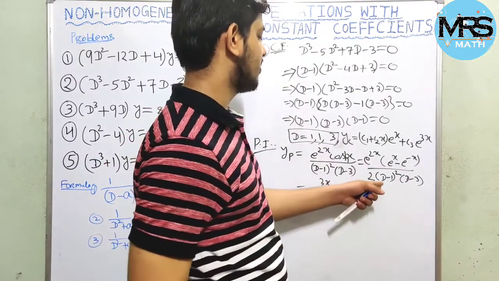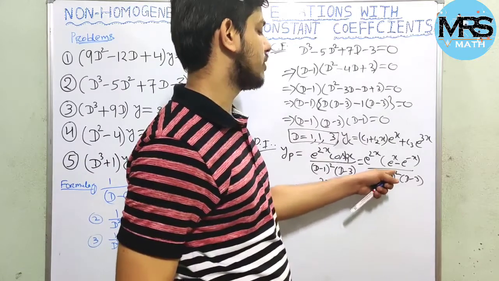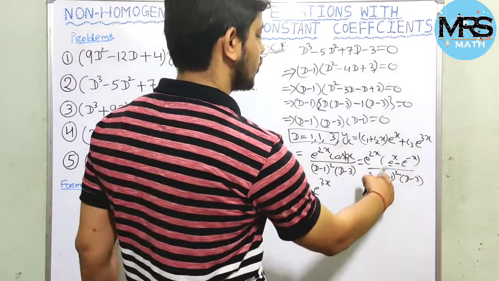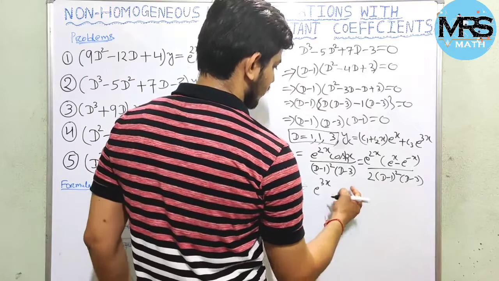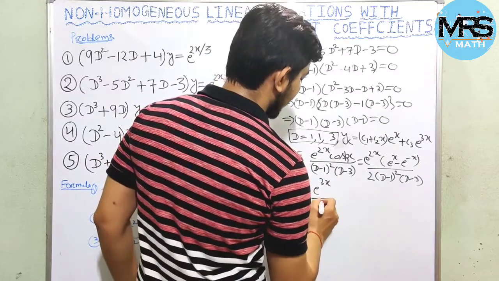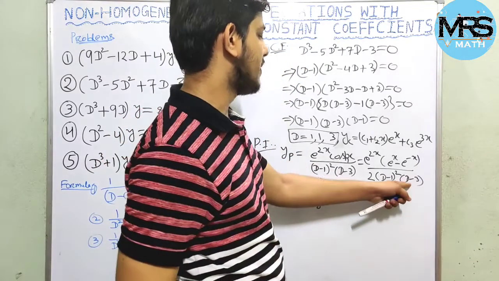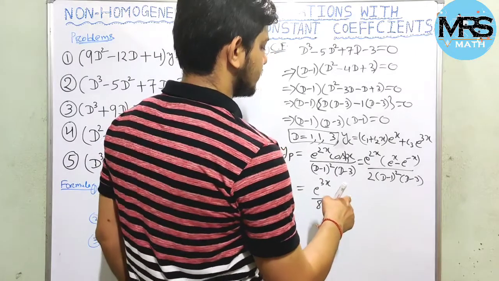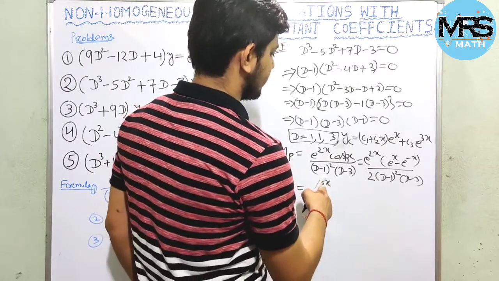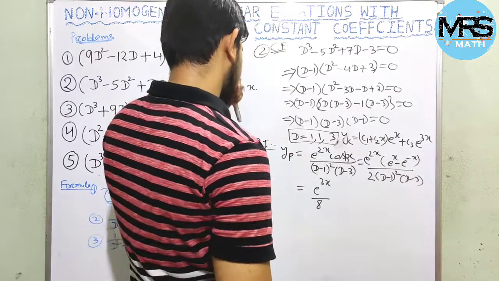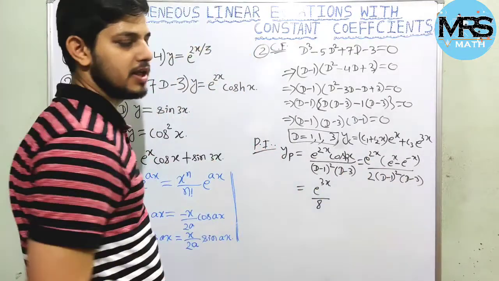So 3, if you are putting here, this is 3 minus 1 whole square, this is 2 square. So what will we get? 4. 4 into 2 is 8, right? Into d minus 3 is there. But if you are applying 3 here, then this is cancelling, 3 minus 3, right?